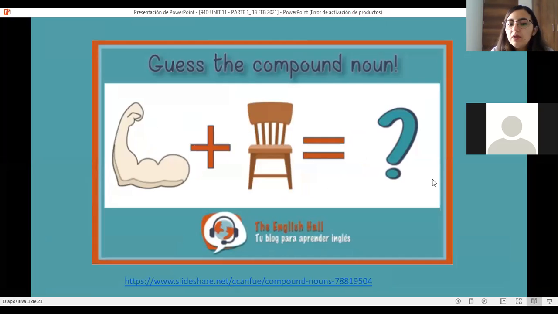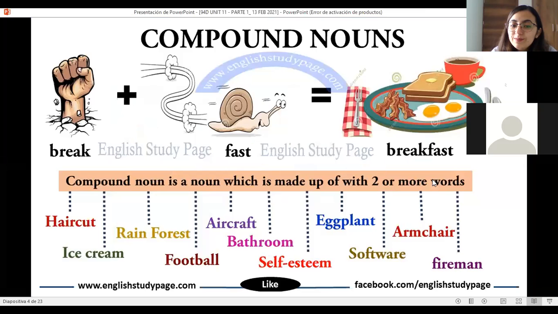Okay, compound nouns. So you made a small exercise and you could see that these compound nouns are formed by two or more words, okay?